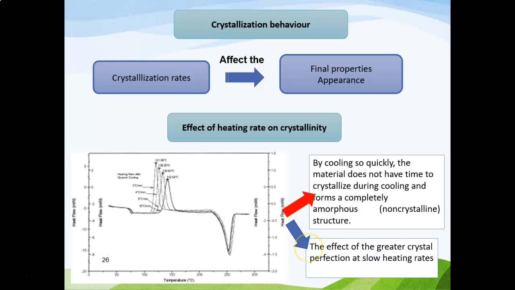So with fast cooling, we get an amorphous polymer with big crystals, and we assume it has an amorphous, non-crystalline structure. With slow heating rate, there is a greater crystallization effect, so we can produce small crystals, which gives a highly crystalline polymer.